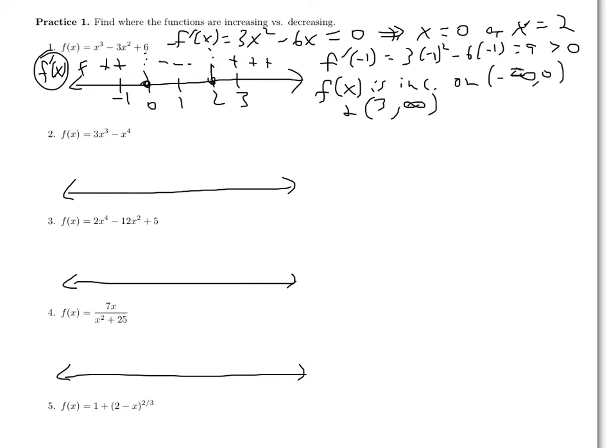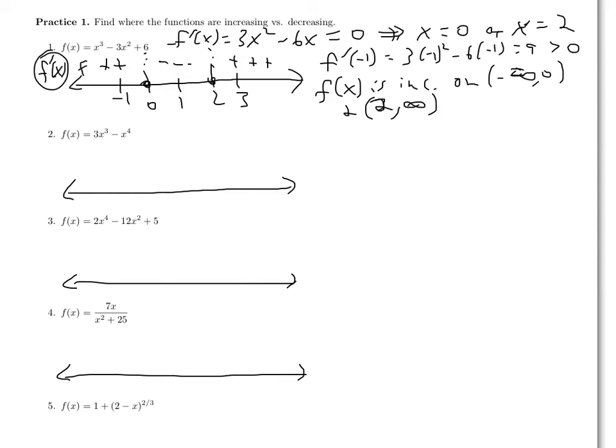Those are the values of x where I have positive slope, which means I have an increasing function, and then my function is decreasing in between 0 and 2.